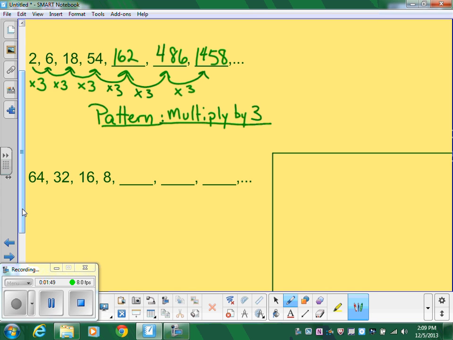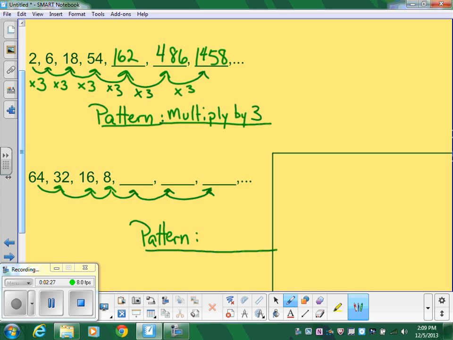In this particular case, our numbers are not increasing like the first sequence. Instead, these numbers are decreasing. Now we're still talking about finding a pattern to go from one term to the next, just like we did with our arithmetic sequence. What pattern can we apply to make sure that we go from 64 to 32, and then from 32 to 16, and then from 16 to 8, and so on and so on?